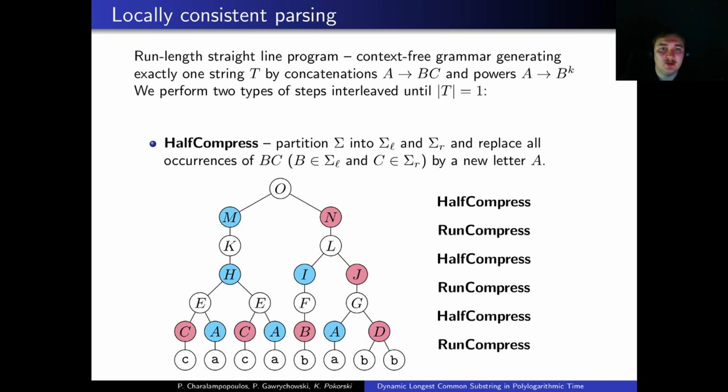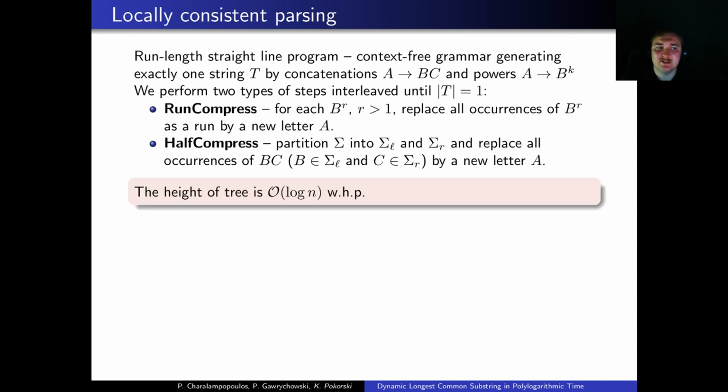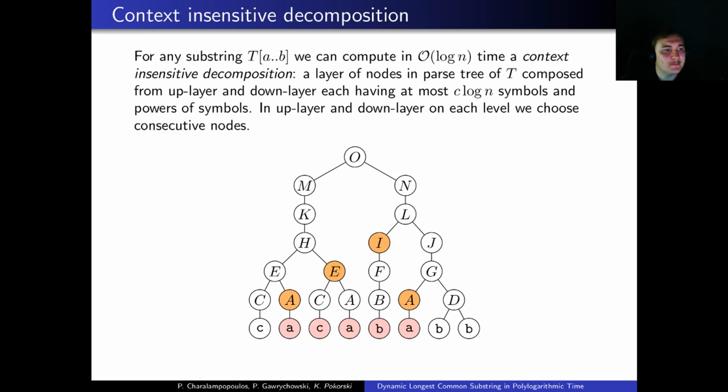And in one of these 4 cases we create a compression rule for this. So basically the expected length of the word is decreased by 1/4 every two compressions, like run compress and half compress. So the height of the tree is log n with high probability.